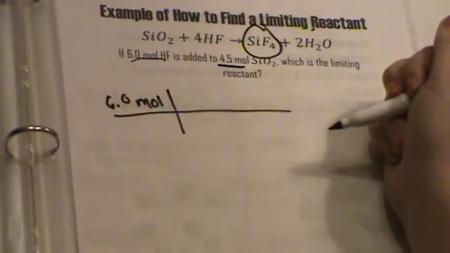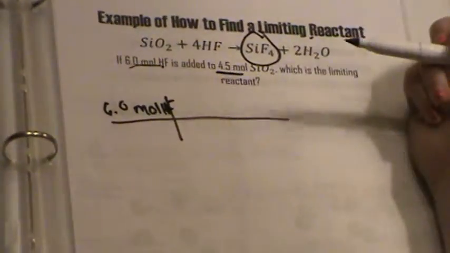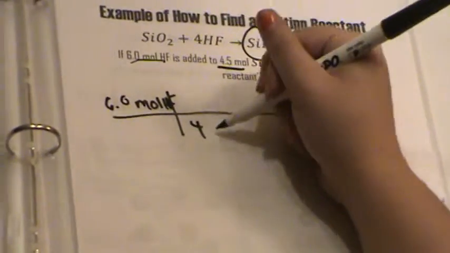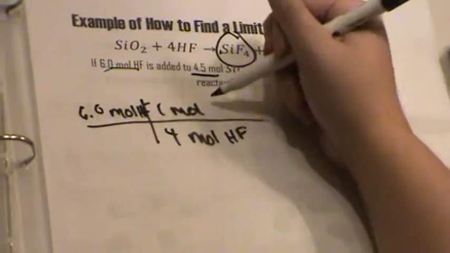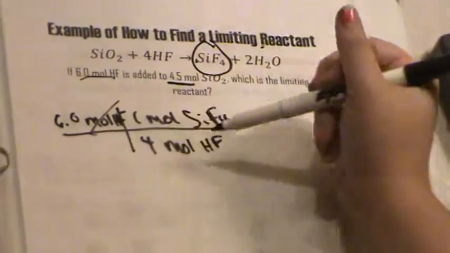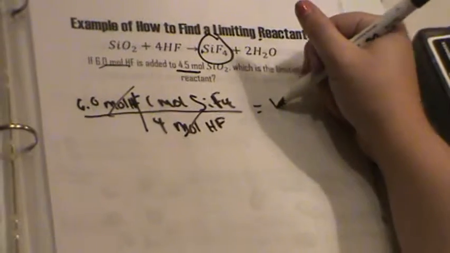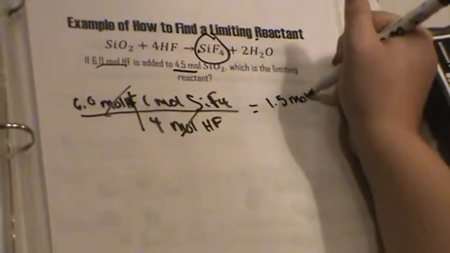So you do a mole to mole ratio. So you have HF, which has 4 moles, and this has 1. And your moles cancel, and you're left with 6 over 4, which equals 1.5 moles.